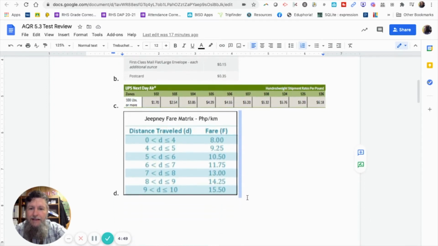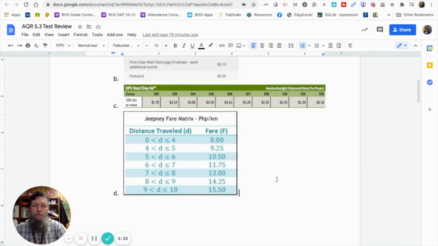How about the last one, the jeepney fare mix? You're curious what a jeepney is. You go to Micronesia or Indonesia and you want to travel, the taxis there are typically just bicycles with 2 seats in the back, and you sit in the back and you pay them a cost. And this is in, of course, the Filipino currency, the peso, just like Mexico, because the Philippines used to be a colony of Spain.